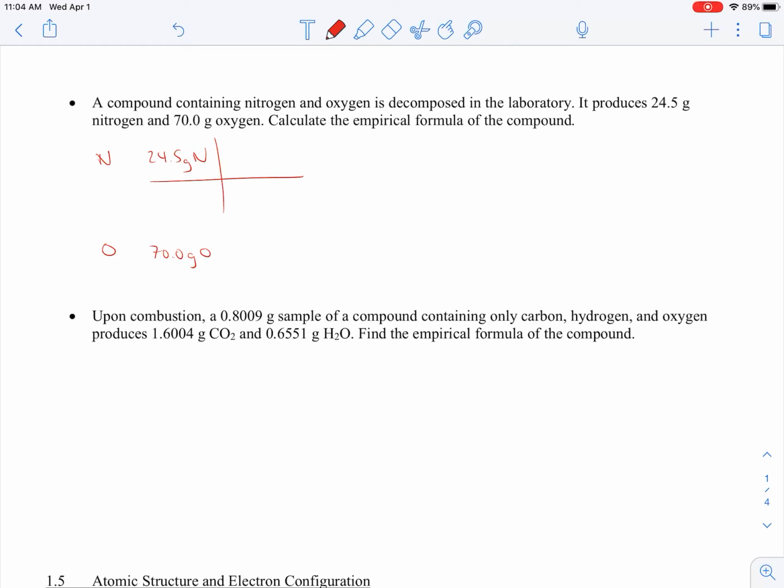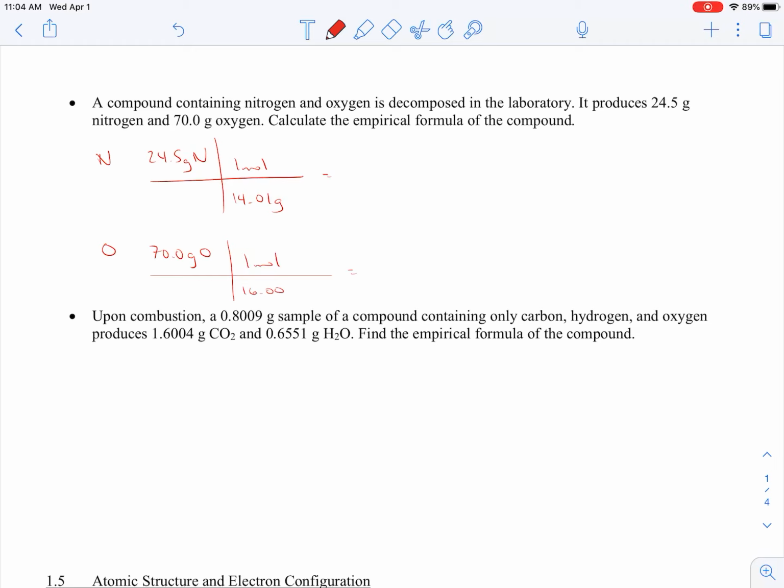Our first step is to find moles. So we do that by dividing by our atomic mass of each. Sorry, my label is wrong. That should be a G. We got 1 mole on top. Same thing for oxygen, except it's 16 and 1 mole.